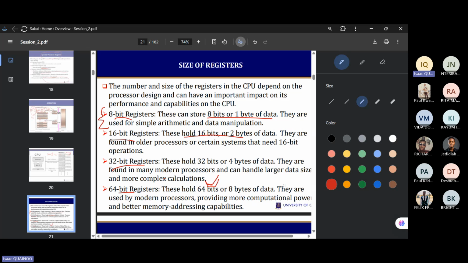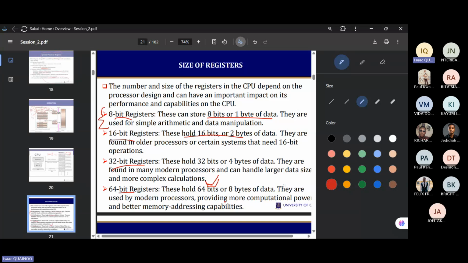Why? Because it basically has more processing. It is able to hold more data and is used by modern processors. And this is very important because current programs being run on our computers are very intensive.